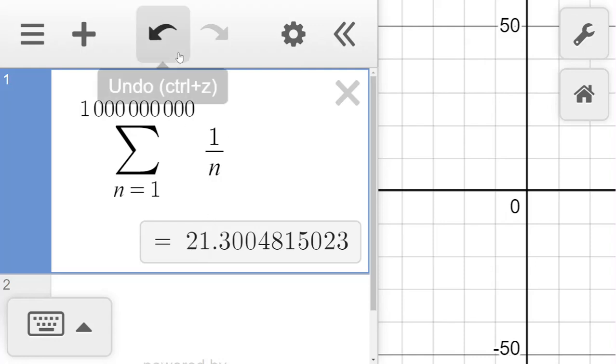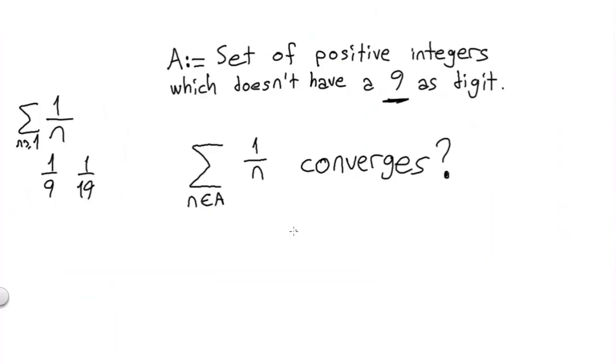You can actually calculate that without a calculator, just one step of calculating without adding that many terms. So this series is diverging very slowly, and if I exclude all of the terms that have a 9 as a digit, this converges, which is surprising.